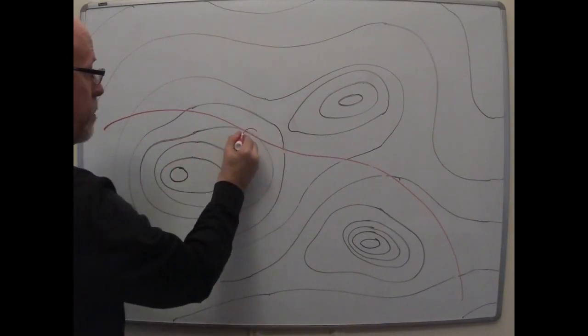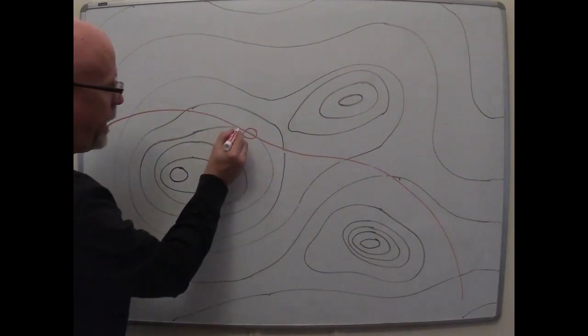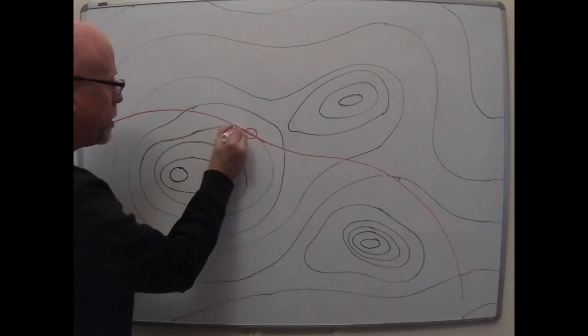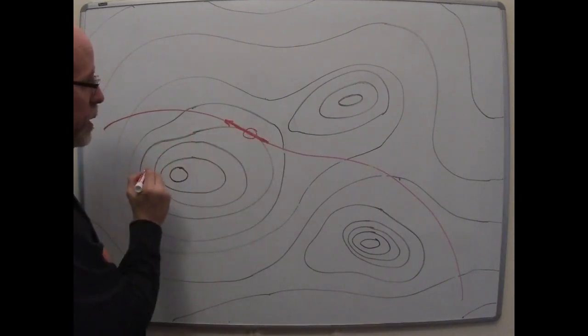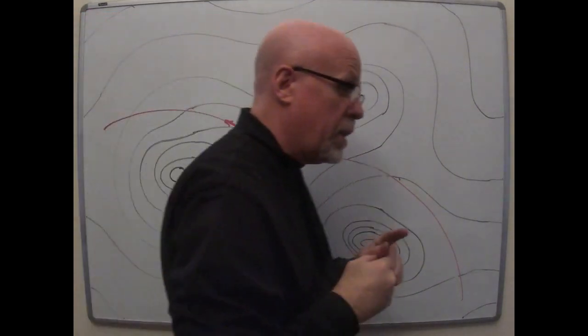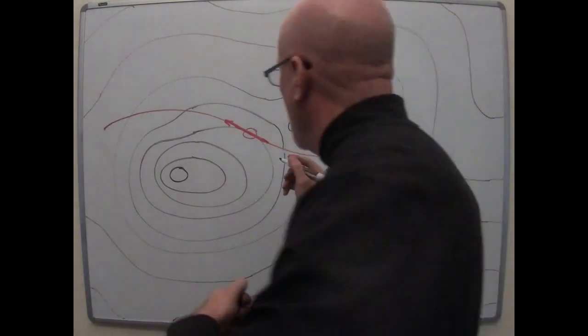So does it make sense that somewhere in there is where we're at the highest as we traverse this little route? What's interesting about that location is that the path through that point is parallel, in fact tangent, to the contour line at that point.